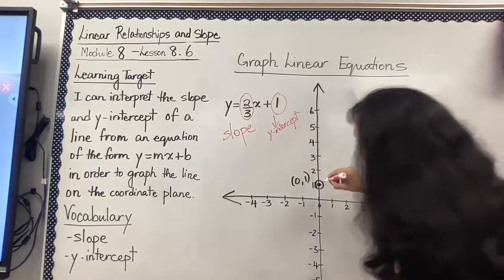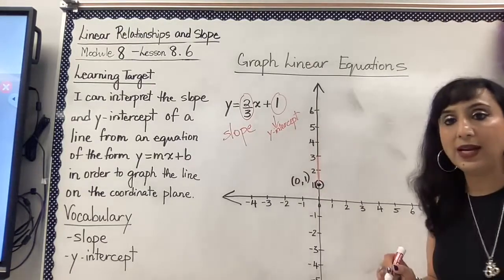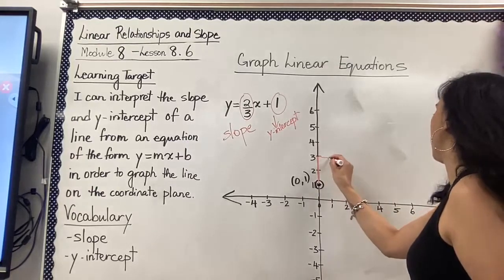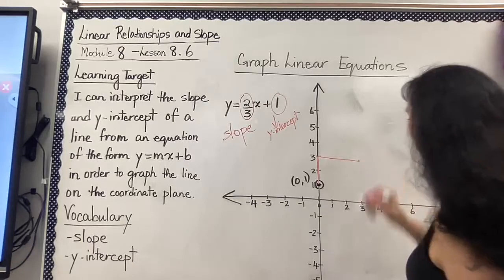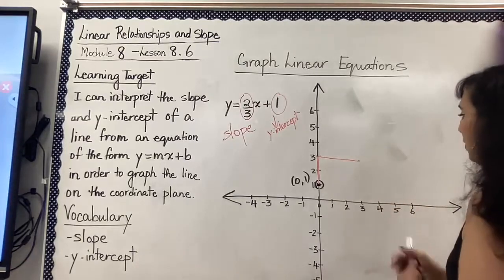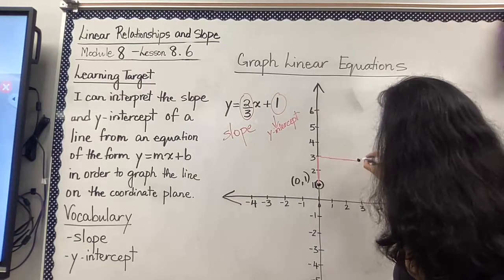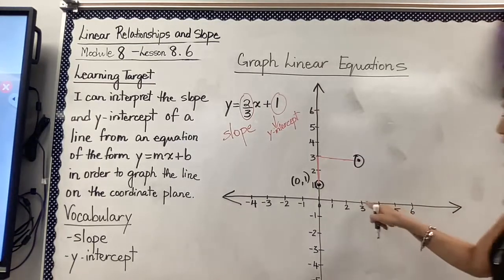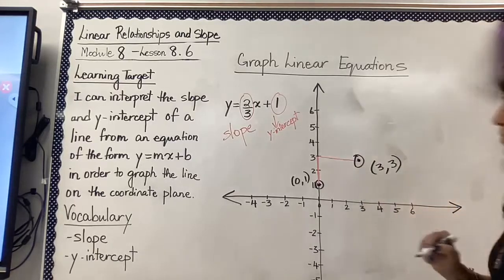Here's my rise, 1, 2, right? And then my run is 3. So 1, 2, 3. And so this is my point. So this is going to be my point. And therefore, what is this ordered pair now? This is 3, 3.